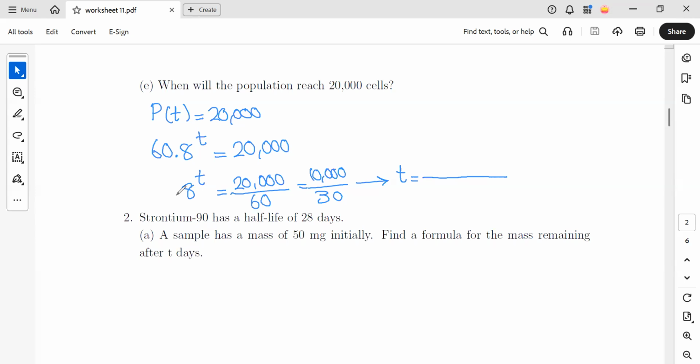But since we cannot find base 8 in a calculator, we have to change the base. So it will be ln of 10,000 over 30 divided by ln of 8. And using calculator, we would end up with 79 hour.